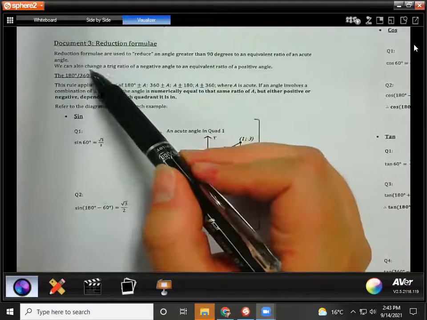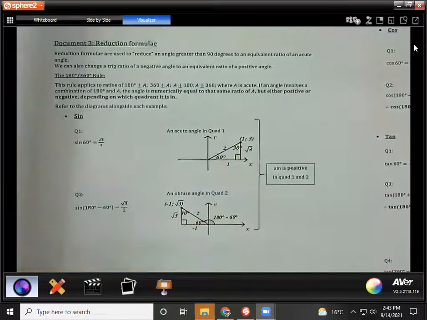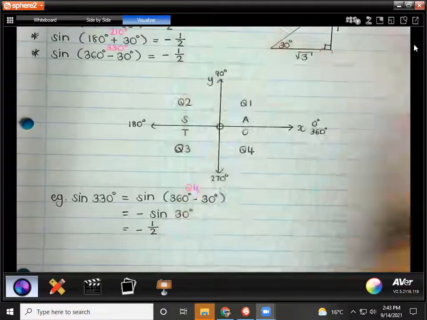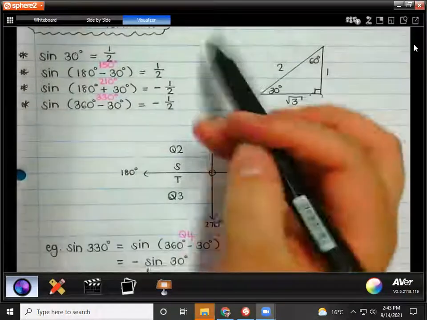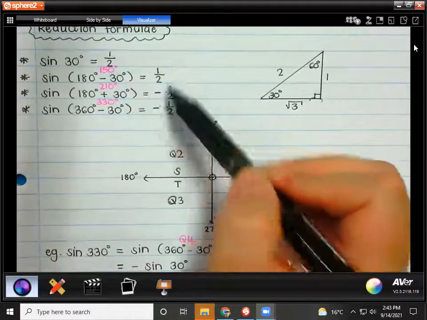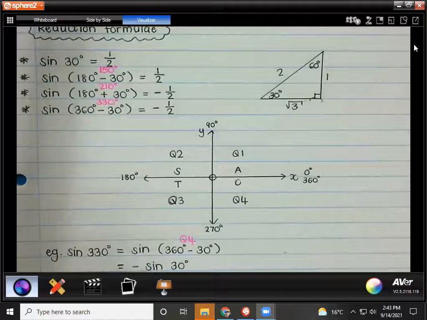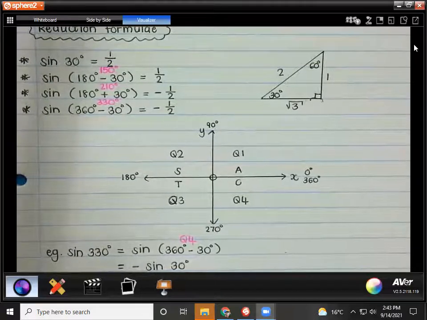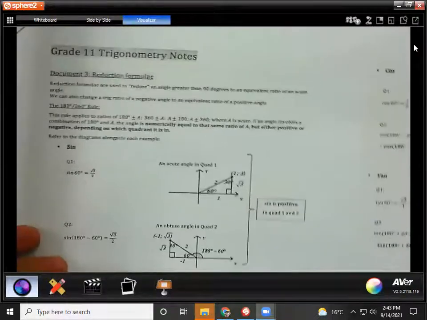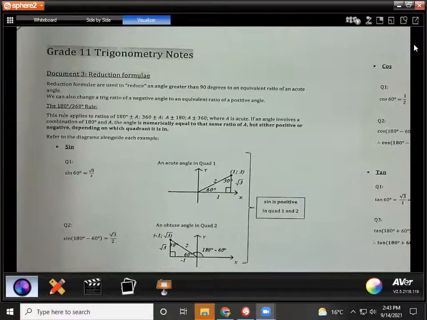When they say equivalent ratio, they're talking about this half, because all of these sine ratios here are equal to the value of a half, but they have different signs. So that's what they mean by equivalent ratio, the ones that will give us the same actual answer.